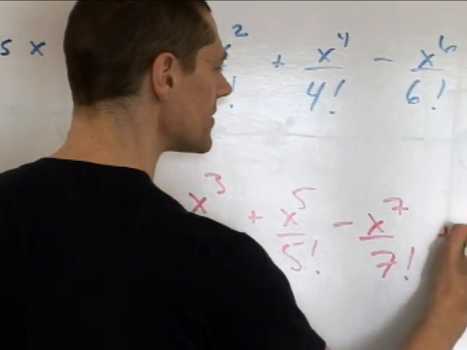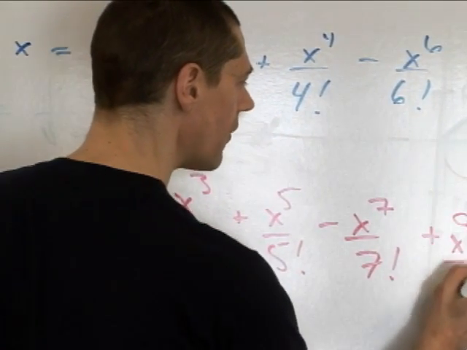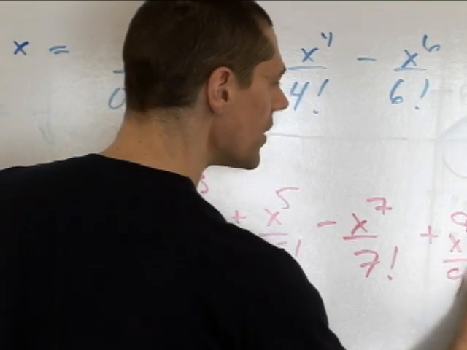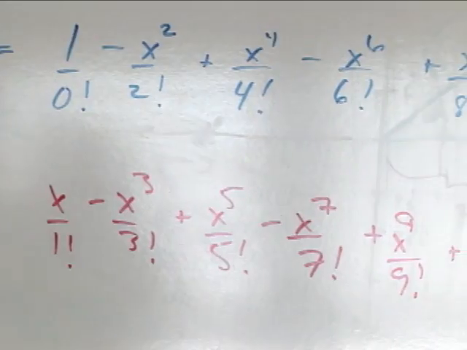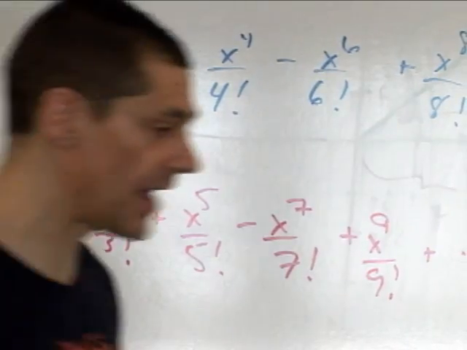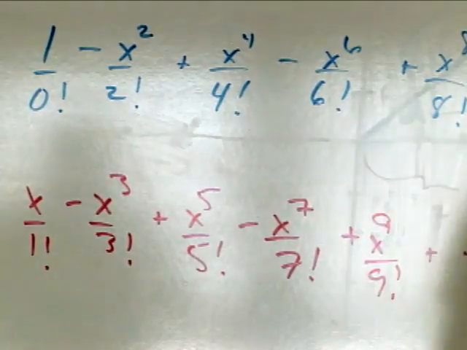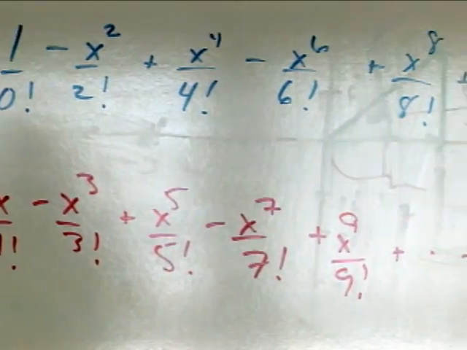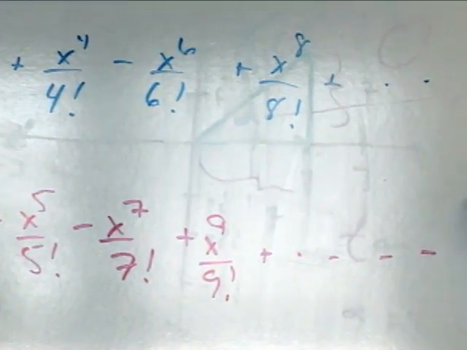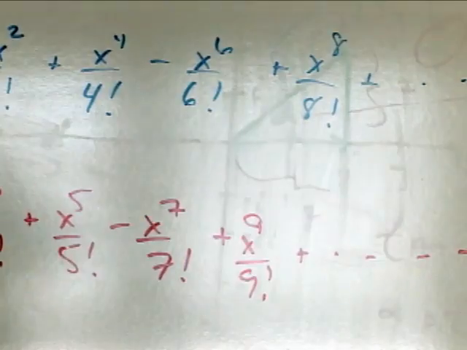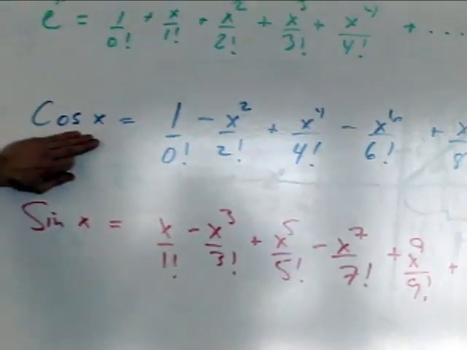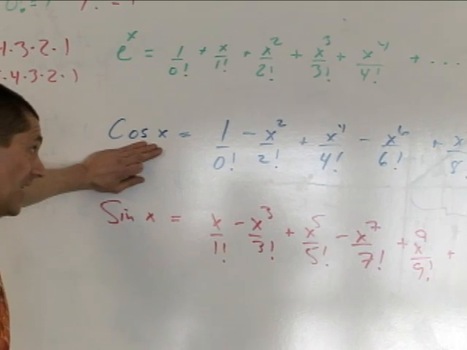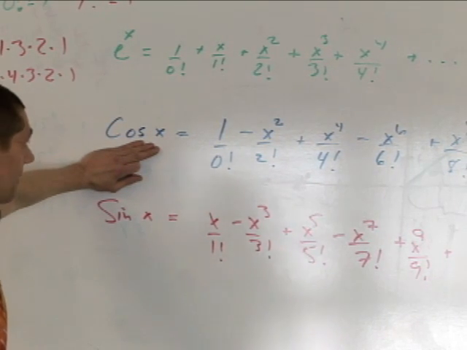I'll do one more, plus x to the 9th over 9 factorial. Goes on and on and on. Also, beyond the scope of this class, for every value of x, these infinite series converge. Basically what that means is, for all real numbers, we have these converging properties here.